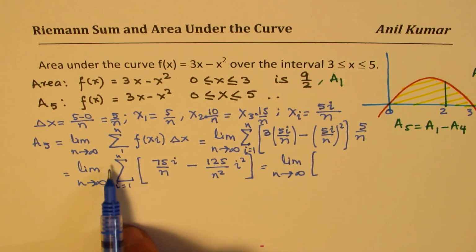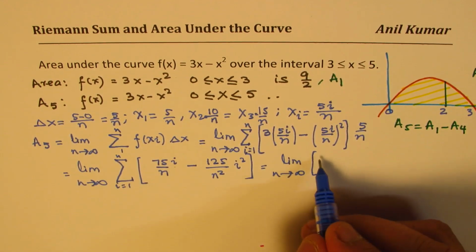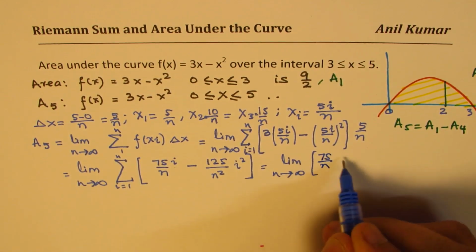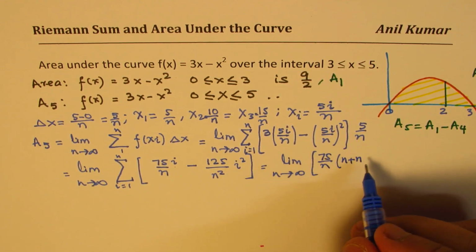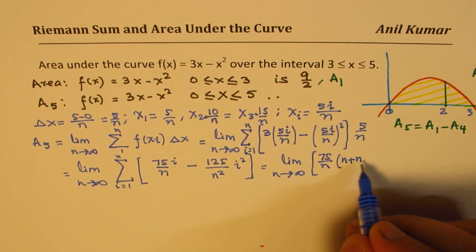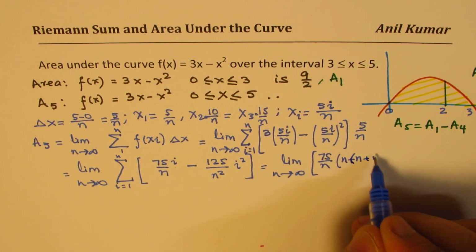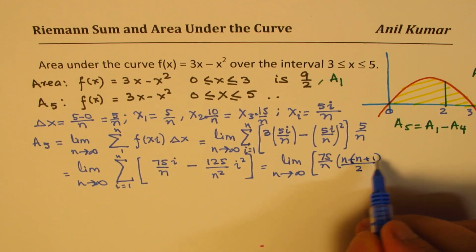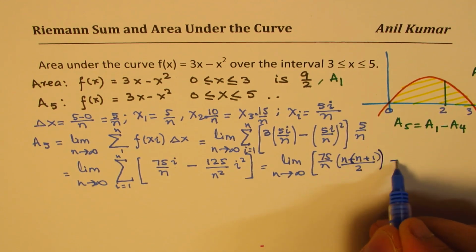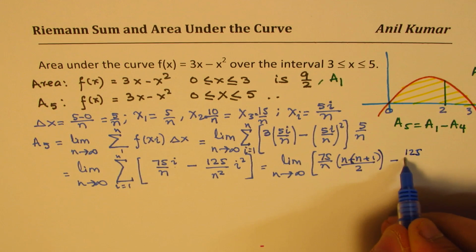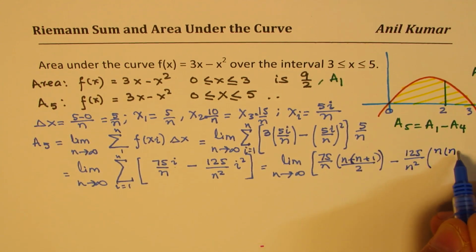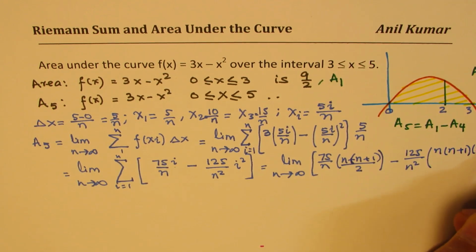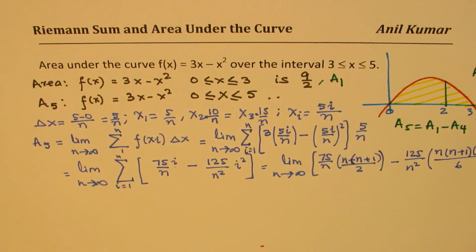Now, when I say sum of i, the sum of natural numbers, we get what? 75 over n times n times n plus 1 divided by 2. Okay. So that is the first part, minus 125 over n squared times n times n plus 1 times 2n plus 1 divided by 6. Right? So all this you get.